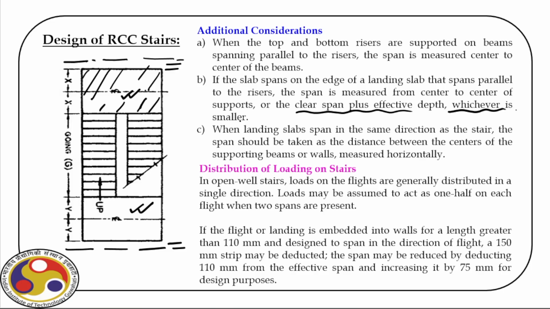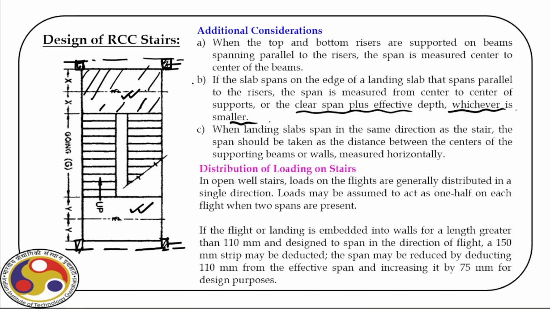So accordingly we have to calculate the effective span, but for the time being, because mostly we deal with frame type structures where normally we have columns at the corners, in between columns we have beams, and with the help of beams these stairs are supported. These are the most common dog-legged stairs these days for high-rise buildings, and let us focus on that aspect where we have to consider the end beams and the center line of the beam. Otherwise, if it is on slab, we have to accordingly adjust the effective span length.